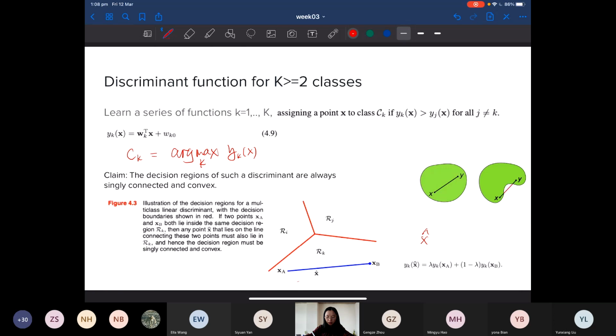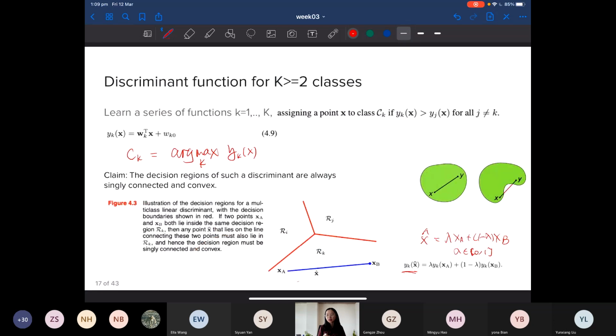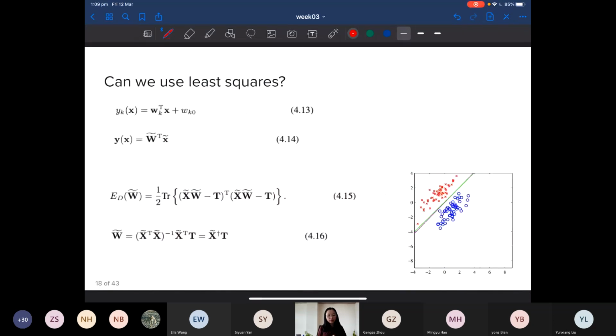So any point x-hat on the line is lambda x_A plus 1 minus lambda x_B, with lambda between 0 and 1. And because the discriminant is linear, you can trivially verify that y_k of x-hat is also the maximum among all the other discriminant functions with different k's. So that's nice. And the picture for three classes now looks like this. All right.